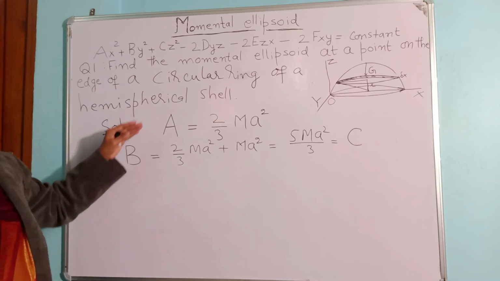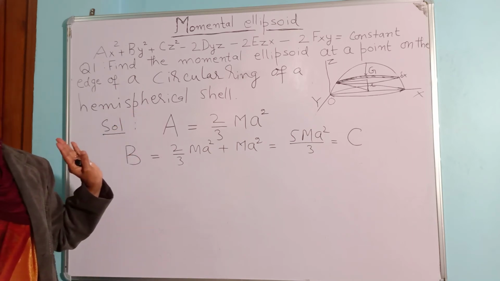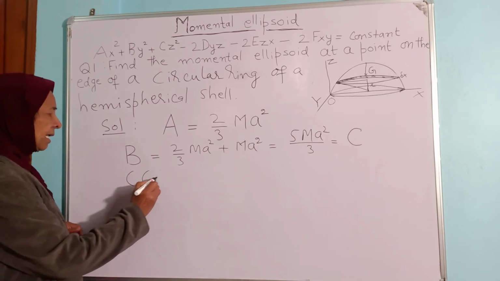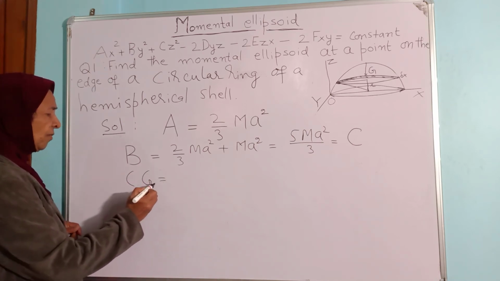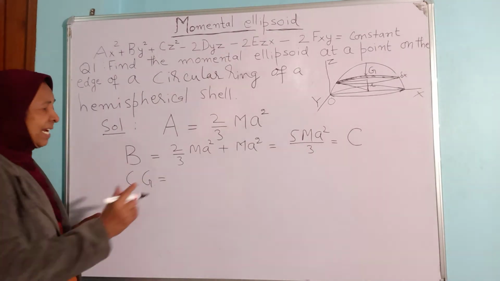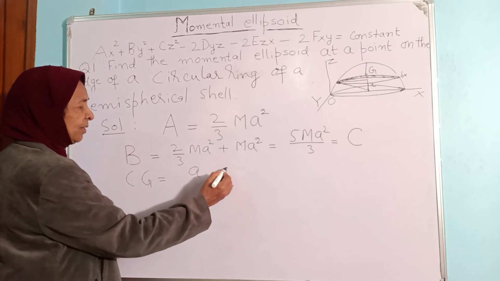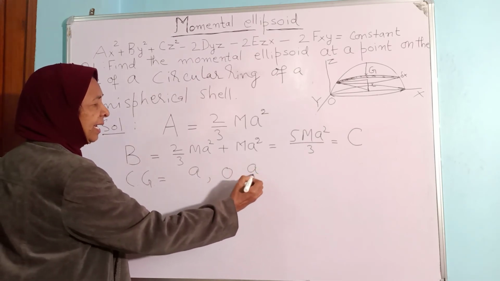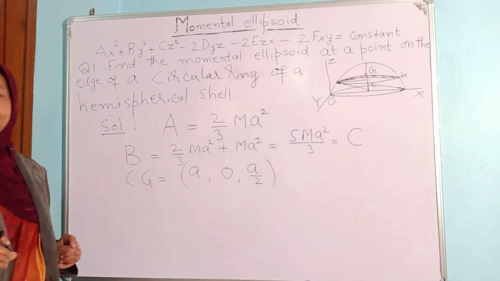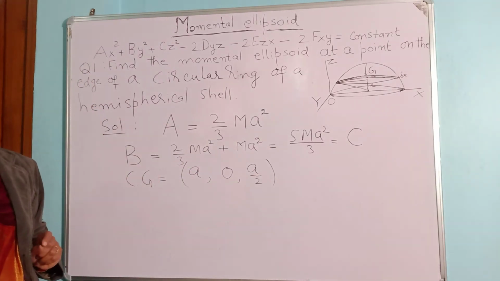So we found the values of A, B, C. Now, what is CG? The coordinates of CG will be A, 0 and A by 2. A, 0 and A by 2.